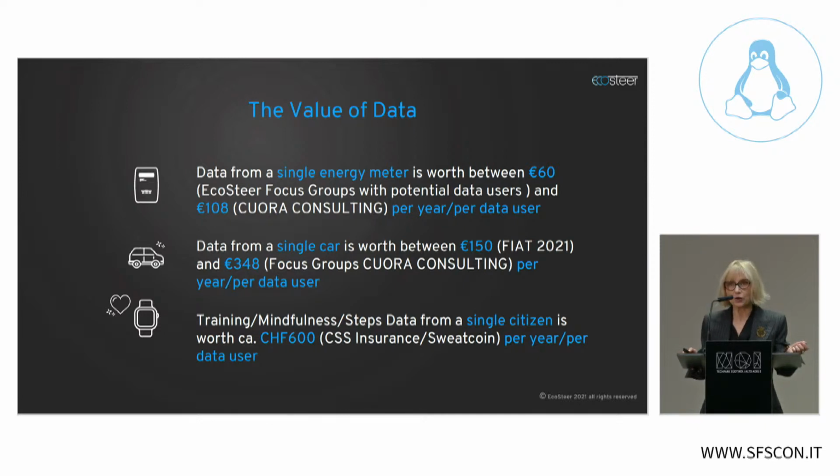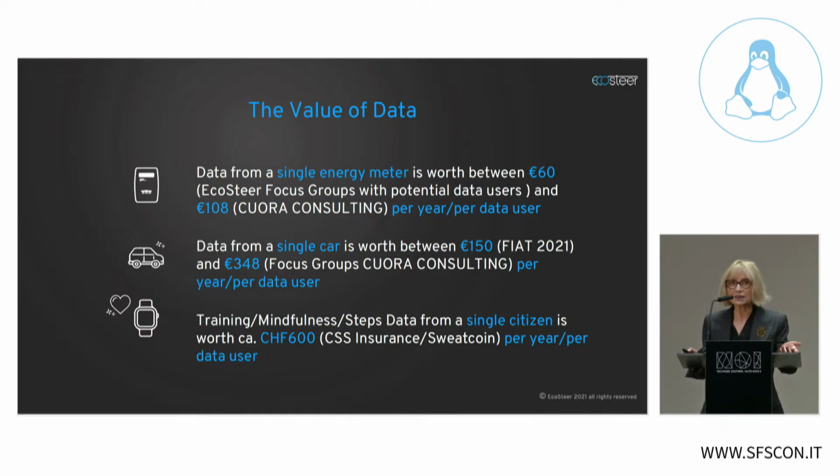We've been running focus groups, and we've found that data from a single smart meter is worth around 60 euros per year per smart meter. And driving data from cars is actually currently compensated by companies such as Fiat with up to 150 euros in tokens per year.